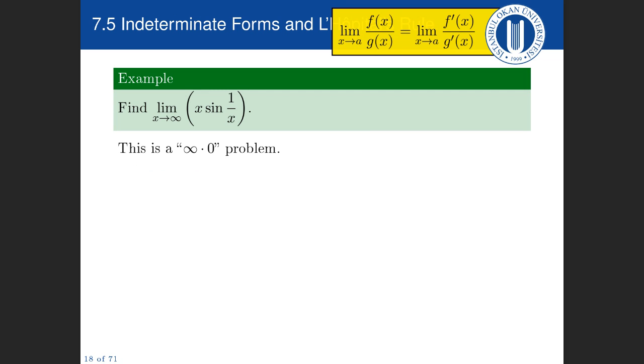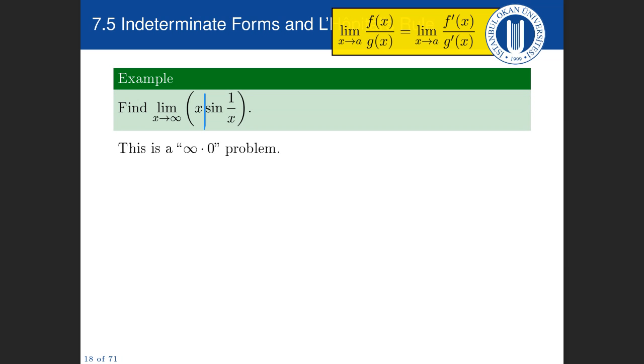For example, find the limit as x tends to infinity of x sine 1 over x. Now, this is an infinity multiplied by 0 problem. The limit of x as x tends to infinity, of course, is infinity.